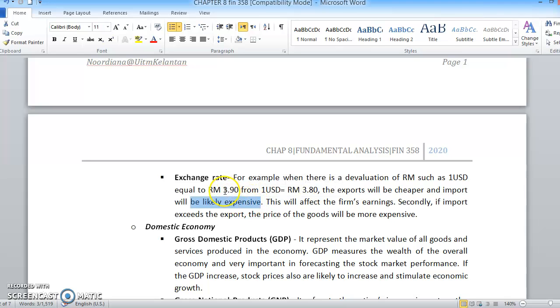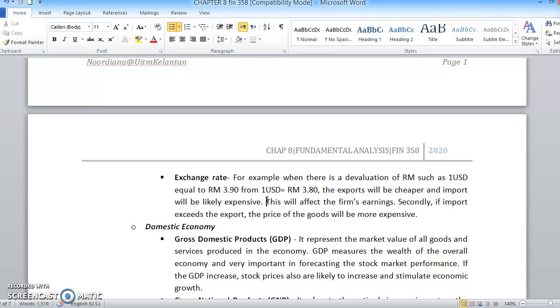Kenapa? Kalau harga asal dari RM3.9 untuk 1 US dollar, and then naik kepada RM3.8 untuk 1 US dollar, so our export akan jadi lebih murah. Okay, so our export will be cheaper, and our import will be likely more expensive, right?